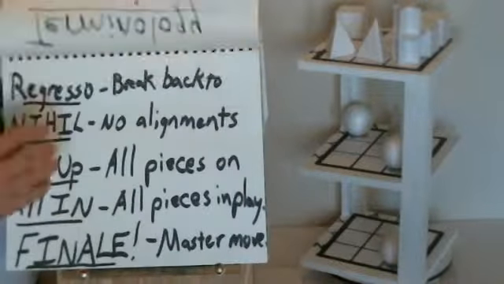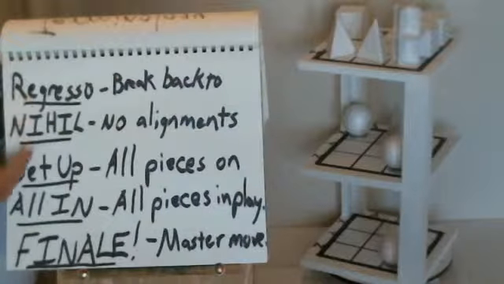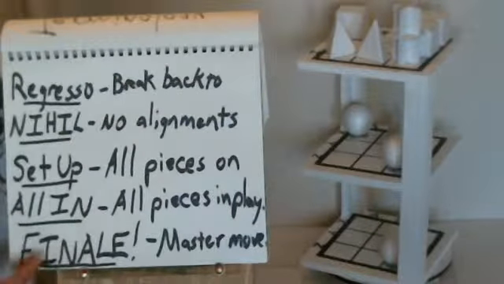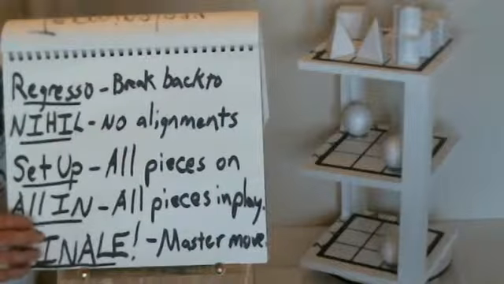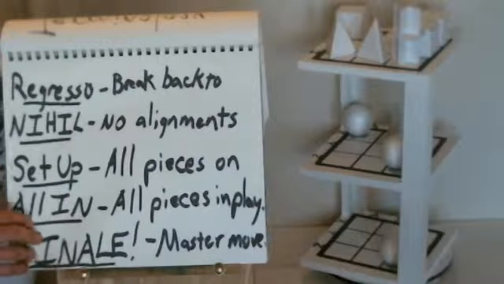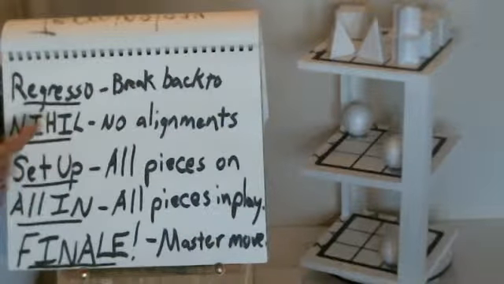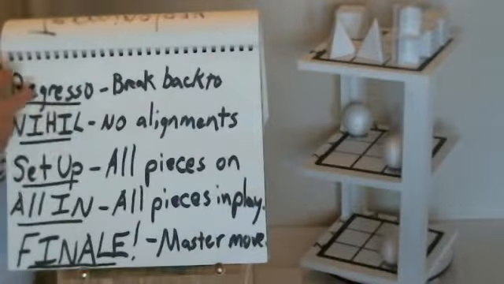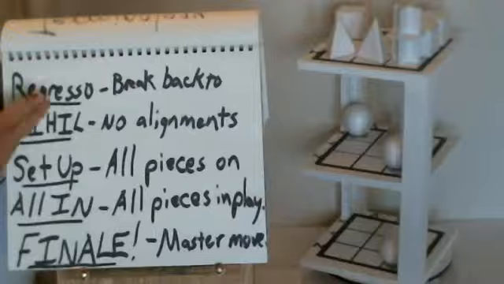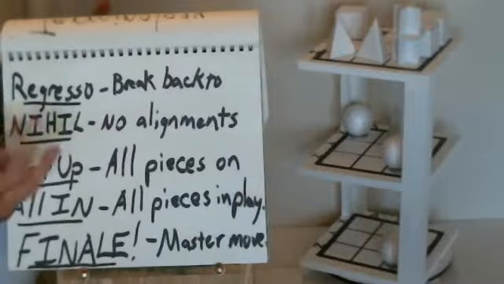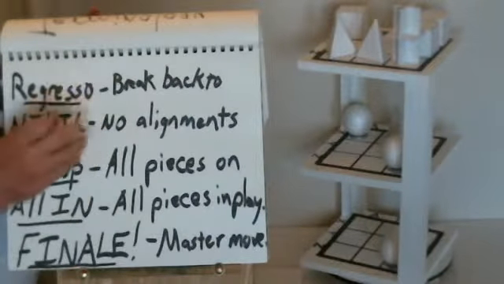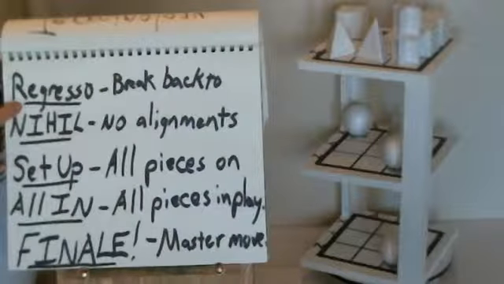Other terms that we use during the game that you'll hear us mentioning later. So as not to be confused, I will try to explain them right now. This term regresso means I'm going back, I'm regressing. That is used during Veni Vidi Vici. Say you had Vidi, you had two alignments, and you broke one and went back to one alignment, you would say regresso a Veni.